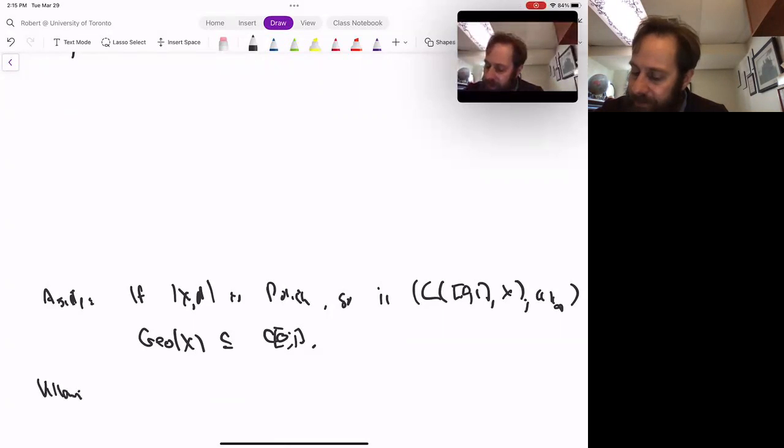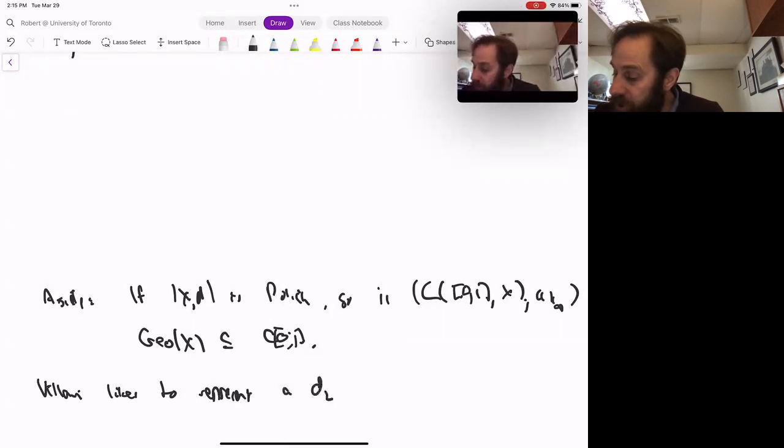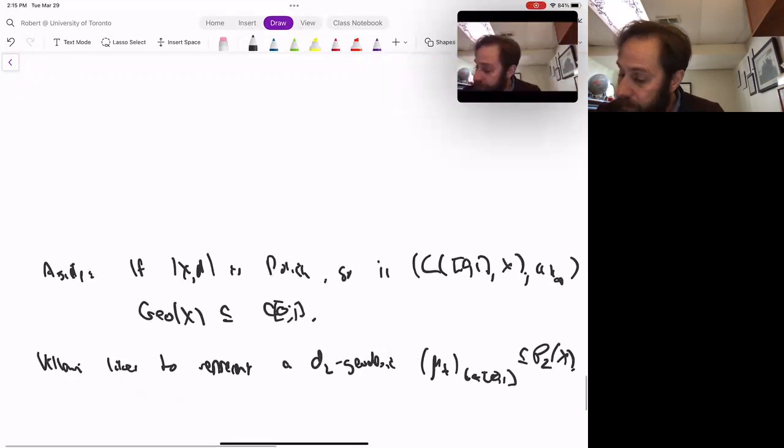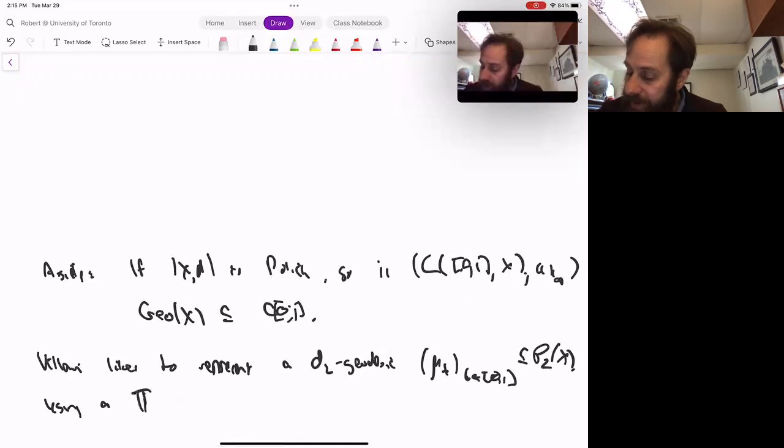This started a lot in Villani's paper, actually. Villani likes to represent a d2 geodesic mu_t, t between 0 and 1, in the space of probability measures on X, using a joint measure, which I guess I'll call capital Pi, which is a probability measure on geodesics. So it's a measure on curves.